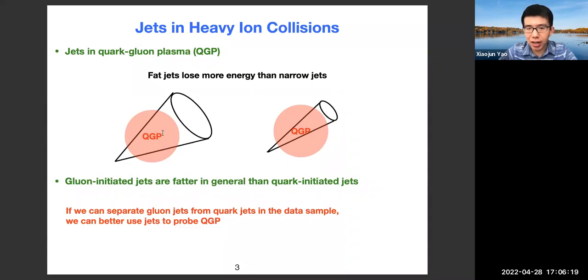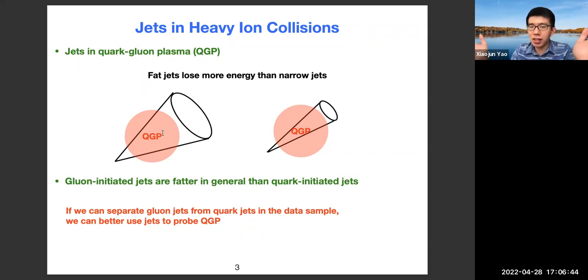And it turns out that a jet that has wider distributions will lose more energy than a narrow jet. And that is just a reflection of color coherence. When the particles are narrow, they scatter with the QGP more coherently. And as a result, they have a smaller color charge, and that is why they lose less energy.